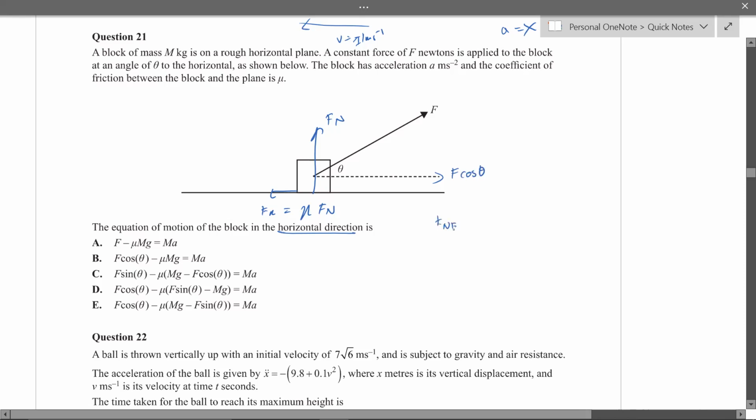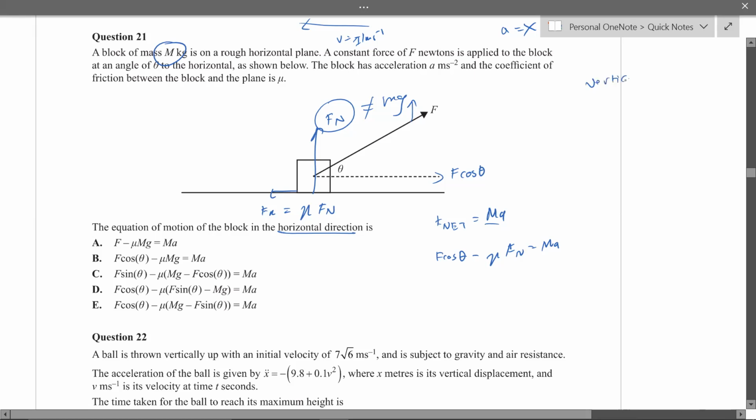So if we do F net equals Ma, capital M, because the mass is capital M. So F cos theta minus mu Fn equals Ma. I guess the trick with this question is to realize that Fn is not equal to Mg like in other cases, because there's a rope, so there's a vertical component of this as well.